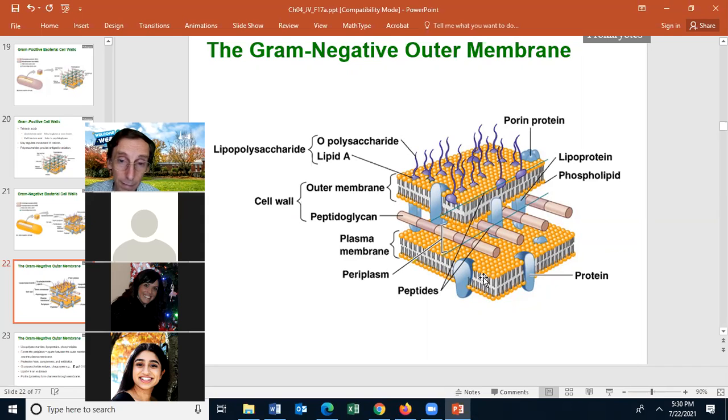In the cell membrane, to get through the cell membrane, you have to have a specific protein to move that molecule either into the cell or out of the cell. For the outer membrane, almost everything is handled by the porin protein. Any question about any of that?